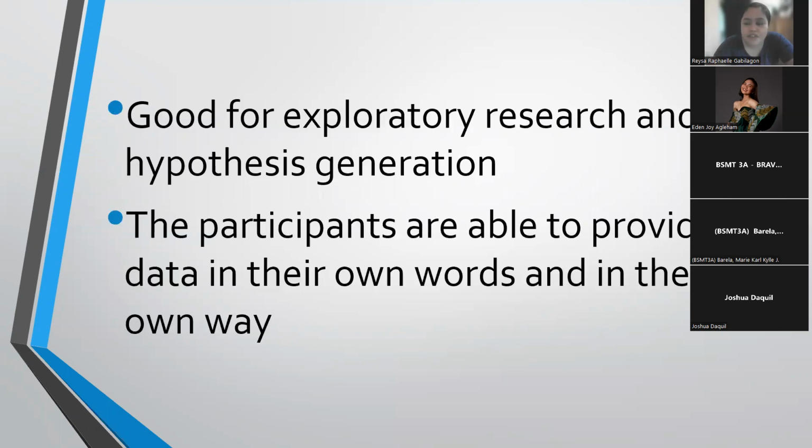Now, this type of research is also good if we want to explore experiences. If we want to explore the experiences of people in a certain situation, or we want to explore the customs and traditions of an organization or a group of people, this is really a good one. And hypothesis generation.